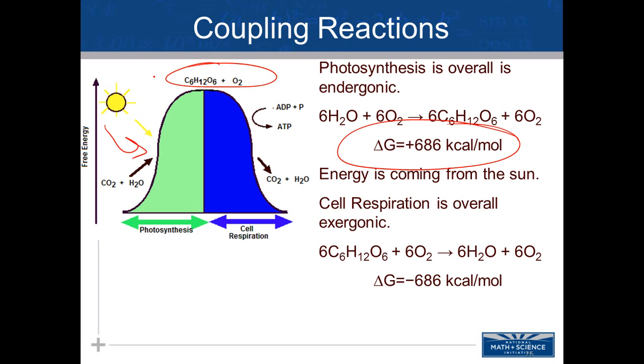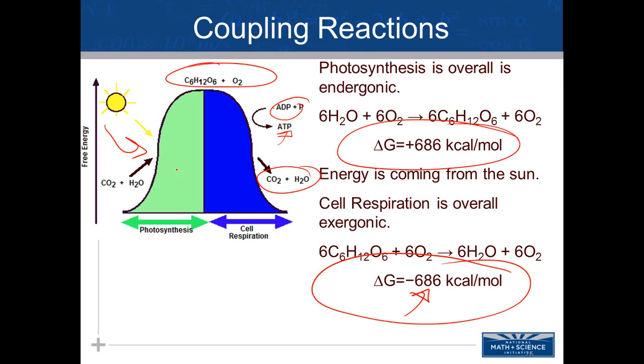If you oxidize glucose and you turn it into carbon dioxide and water during a very long biochemical pathway, that change in free energy is minus 686 kilocalories per mole. It's just the opposite. But there is enough energy in the release of the oxidation of glucose that we can take ADP and phosphorylate it and turn it into ATP.